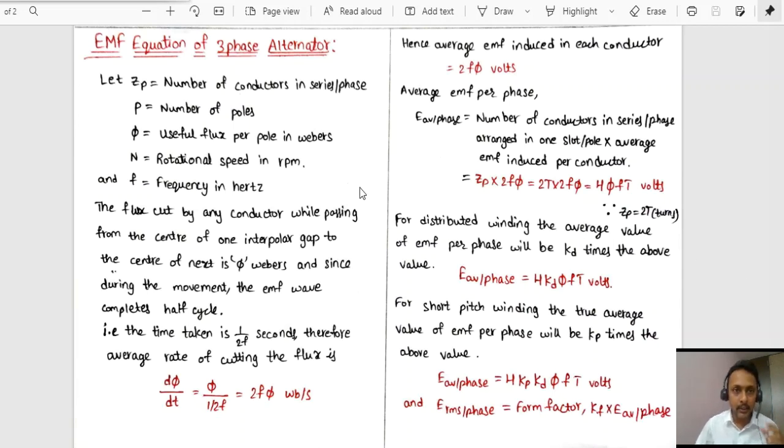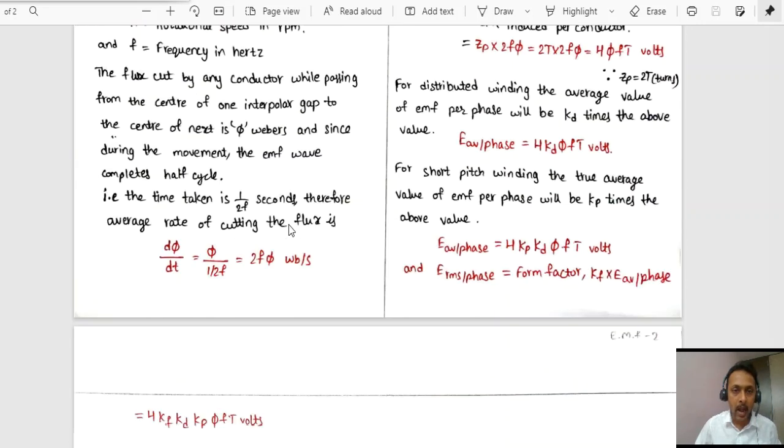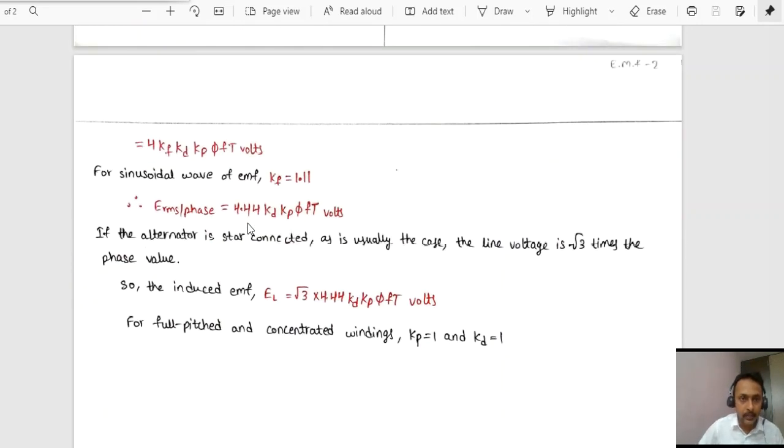By the time we complete this video, we will see the important terminology present in this equation and how to derive the EMF equation, and also its final formula, that is, the RMS value E_RMS per phase is given by 4.44 kd kp phi f T volts, where kd indicates the distribution factor and kp indicates the pitch factor, phi indicates the flux, f indicates the frequency, and T indicates the number of turns.